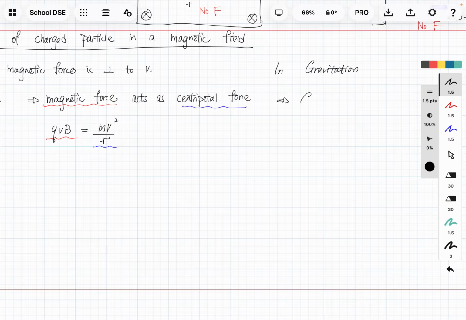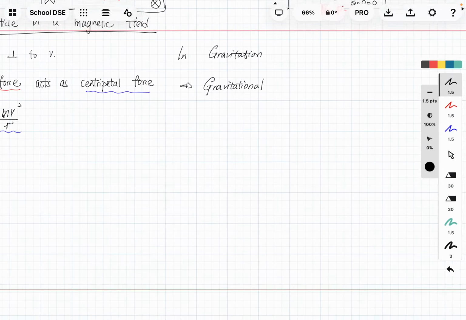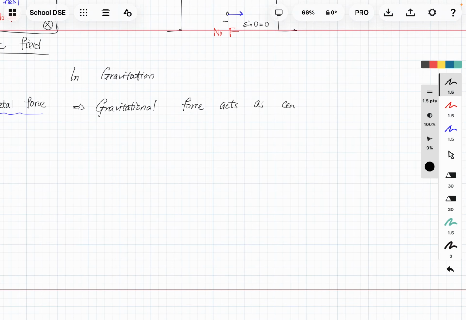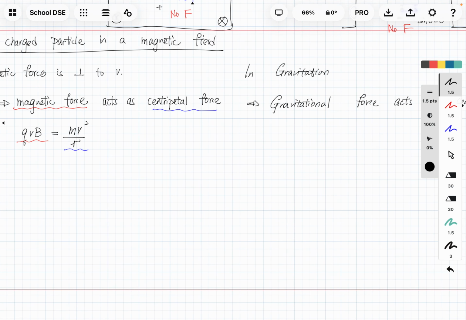B is the magnetic field strength, or in this topic, we will call it magnetic flux density. The only tricky part is T will be the unit we use for the magnetic field strength, while when you call B the magnetic flux density, you usually use Weber meters minus 2.